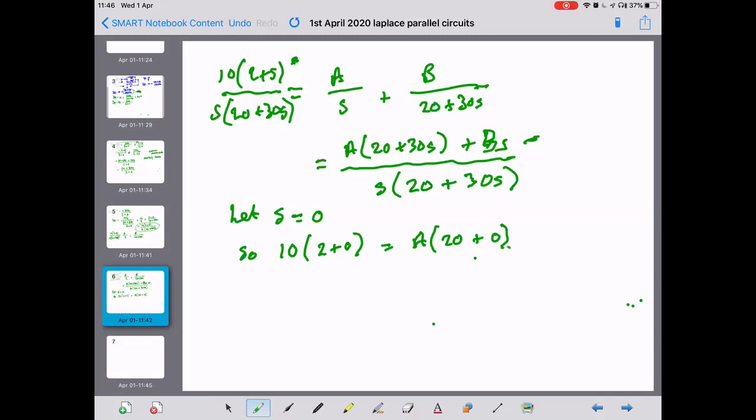So this side is 20, equal to 20A. A equals 1.